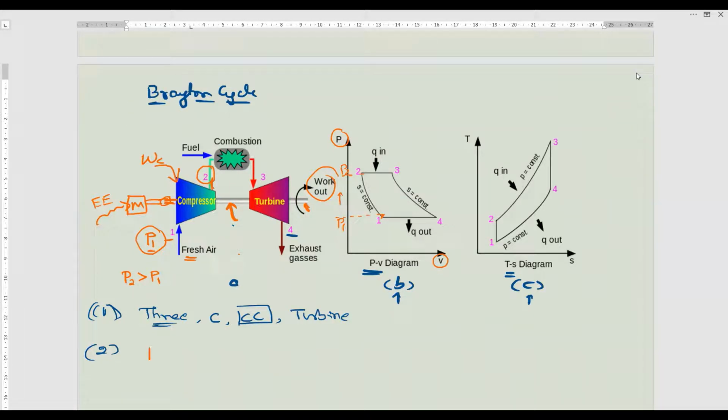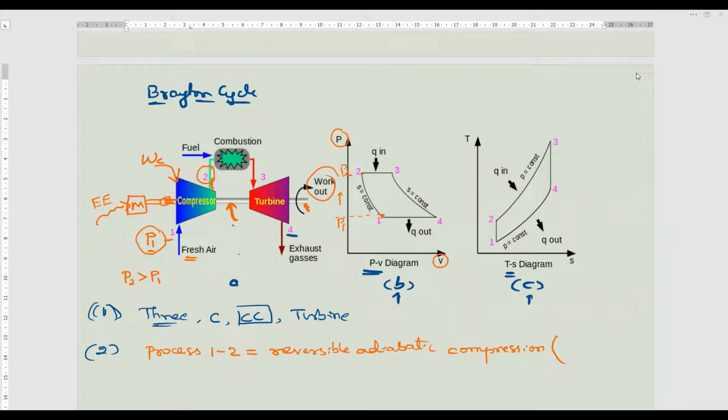Process 1 to 2, I will call it reversible adiabatic compression. What is another name of reversible adiabatic compression?